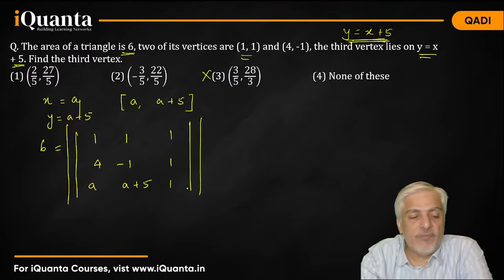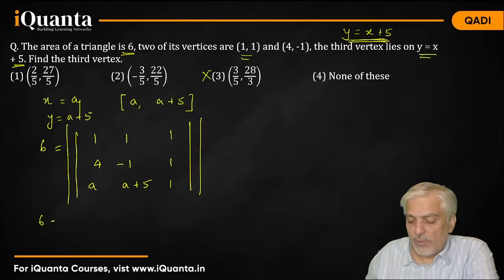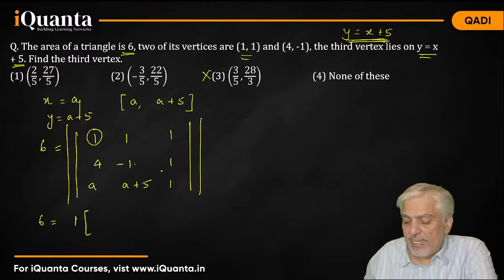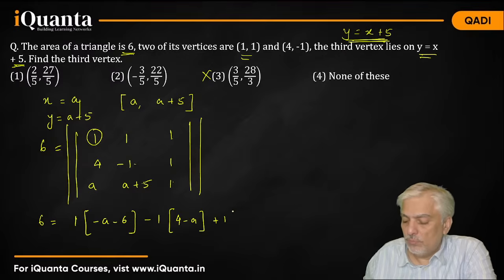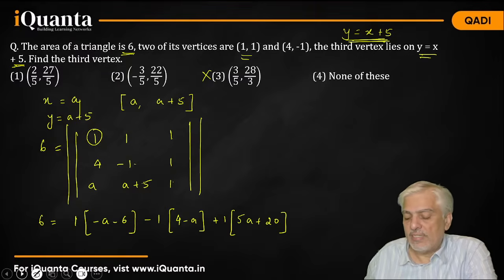So to solve it very carefully, I'm just going to show the solving once quickly. 1 into minus 1 minus a minus 5, that will become minus a minus 6. Then minus 1 into 4 minus a. Then plus 1 into 4a plus 20 plus a. So it becomes 5a plus 20 equals to 6. The whole thing is still in a mod.